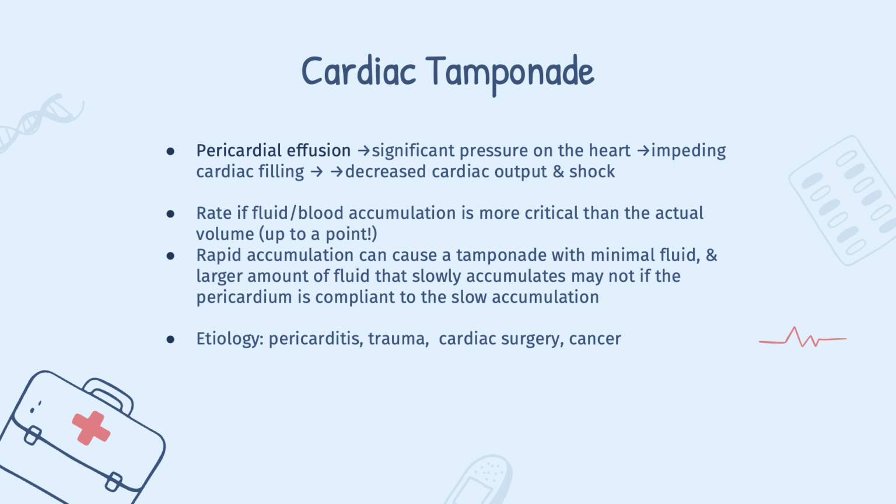When we have a patient with rapid accumulation of fluid, tamponade, even with a minimal amount of fluid, can be more significant than a fairly large amount of fluid that's accumulated over a period of time, because your heart has the ability to adapt to that slow accumulation of fluid. So it's much more compliant than with a rapid one.